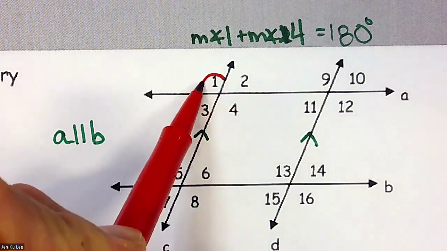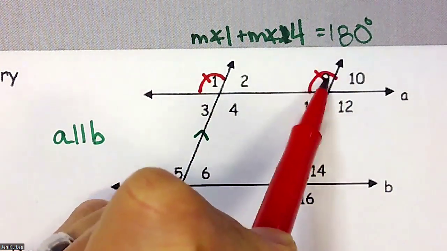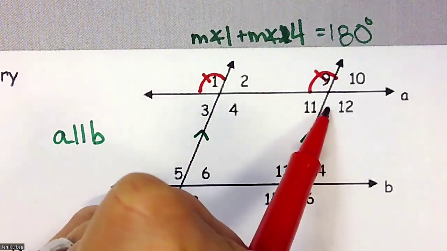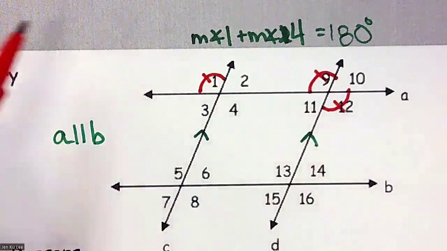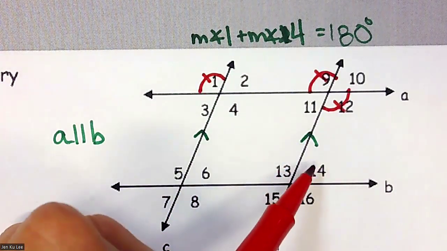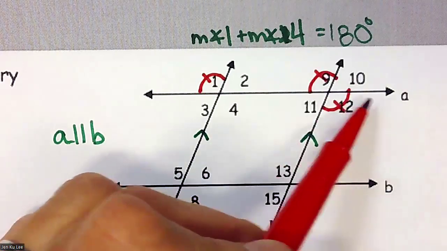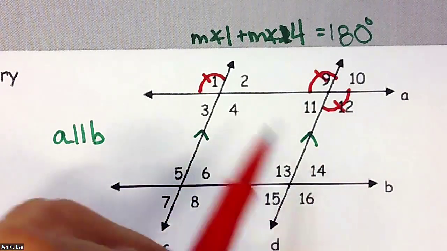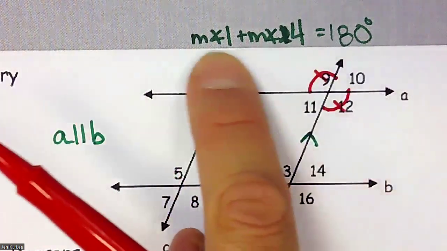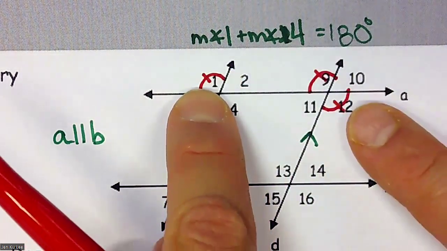So we're going to do this, okay? Angle 1 corresponds to angle 9. Angle 9 is vertical to angle 12. Angles 12 and 14 are same side interior angles. So in this equation, I can substitute the measure of angle 1 for the measure of angle 12.